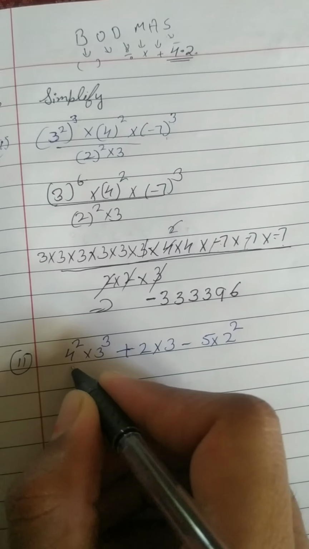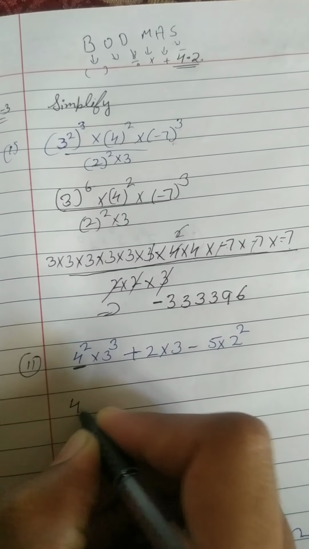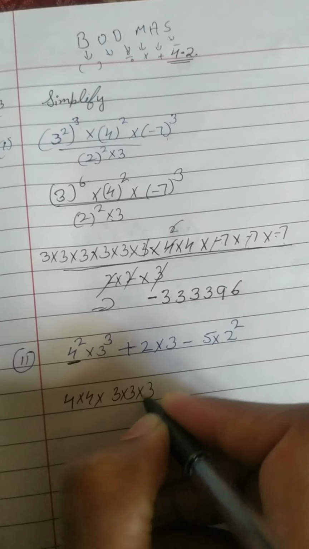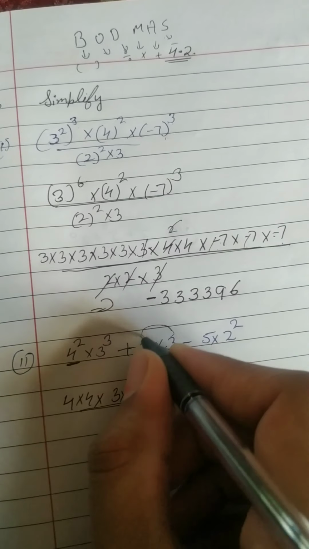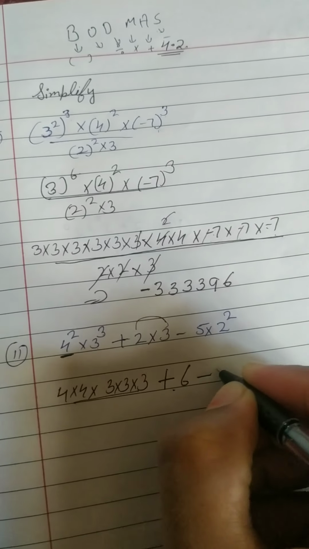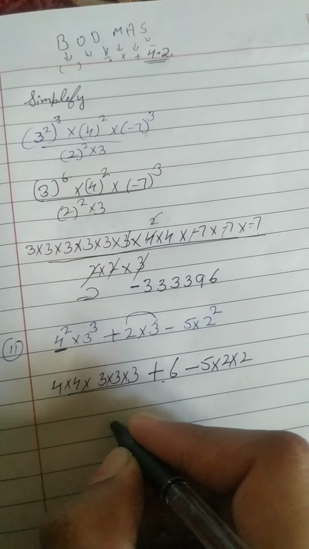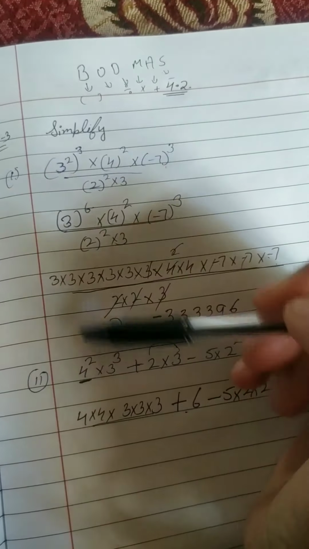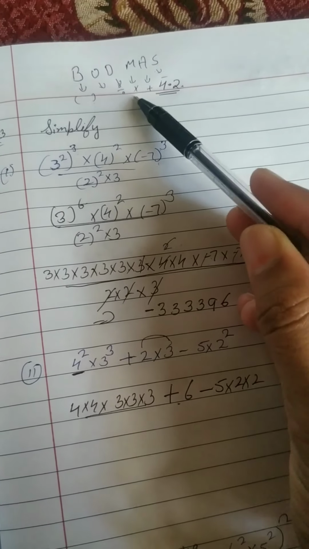Come to this question. 4 raised to power 2 means you have to write 4 two times, 3 into 3 three times. Then there is addition, multiplication also. See this question carefully. 3 into 2 is 6, 5 into 2 into 2, 2 you have to write 2 times. Firstly, according to BODMAS, no bracket is there, then division is not there, then you have to solve multiplication.